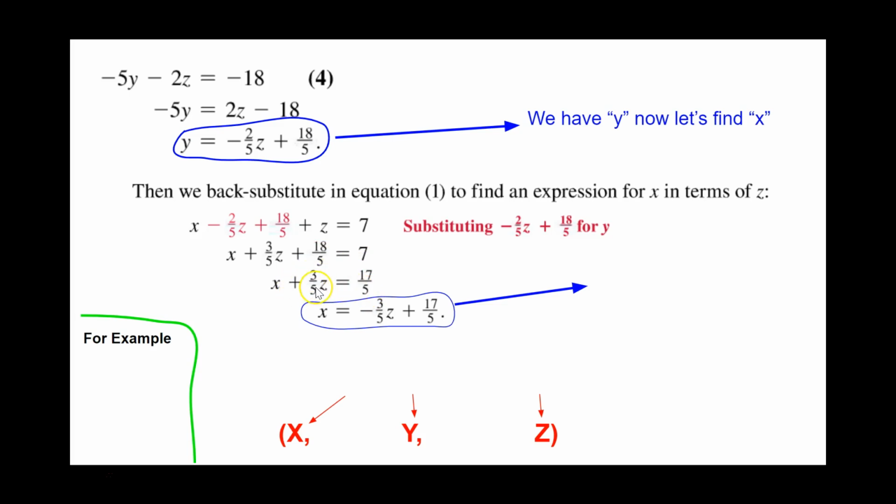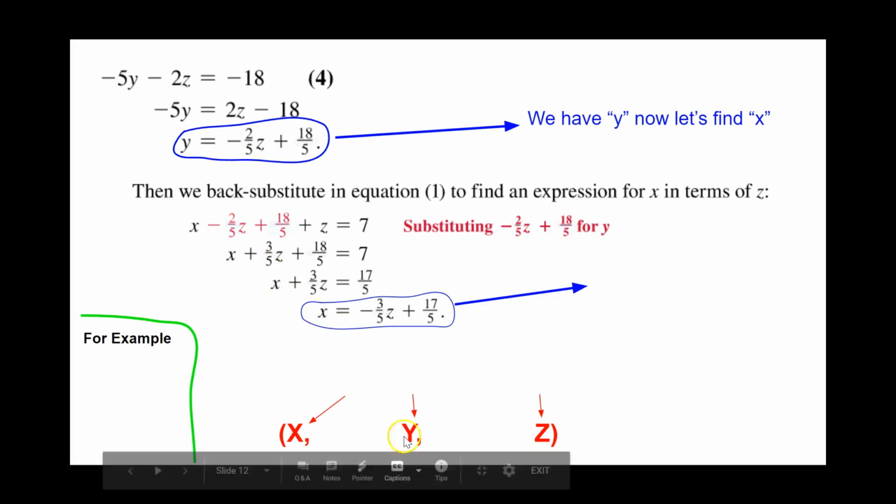Then we're going to take the 3 over 5, and we're going to bring this over by also subtracting. And this is where we get the opposite: negative 3 over 5z plus 17 over 5. This is actually going to be where that x is equal to.